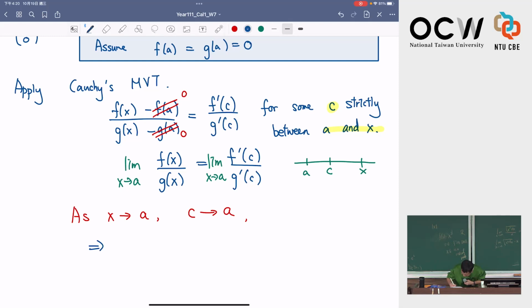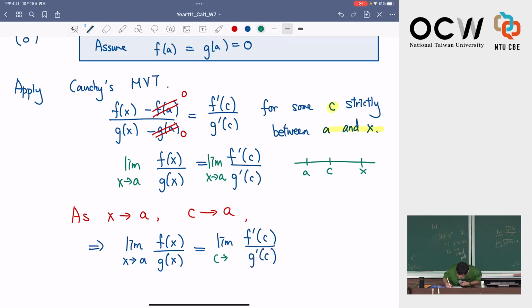So hence, as x goes to a, f(x) over g(x) equals the limit of f prime c over g prime c, as c goes to a. And then we know that the right-hand side exists, so we are done.